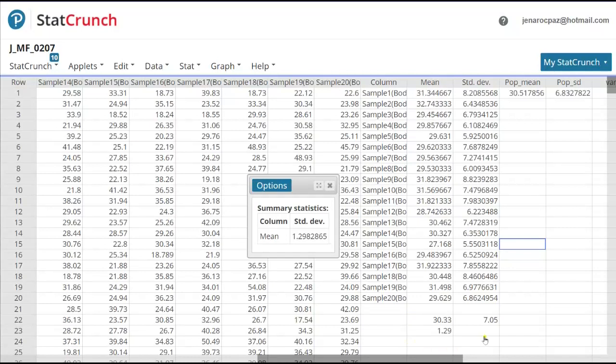And what's the relation between the standard deviation of the complete population? You can consider 6.83 or you can consider 7.05, and the standard deviation of the distribution of means, that is 1.29.